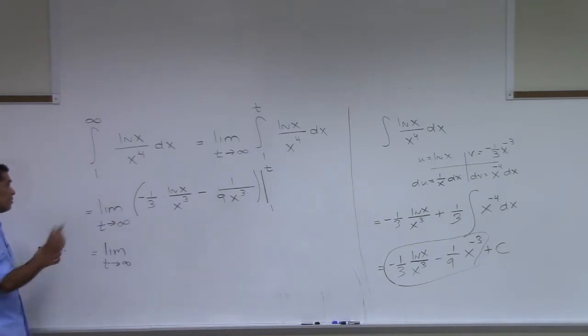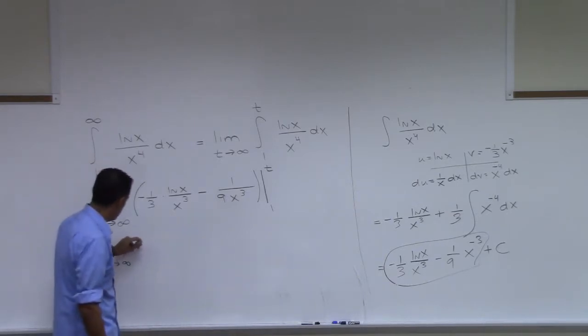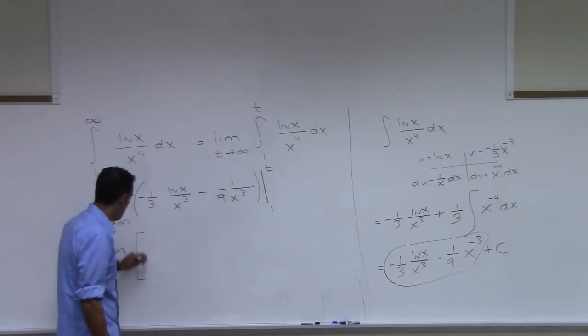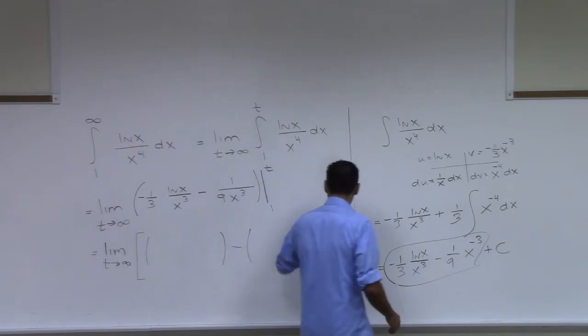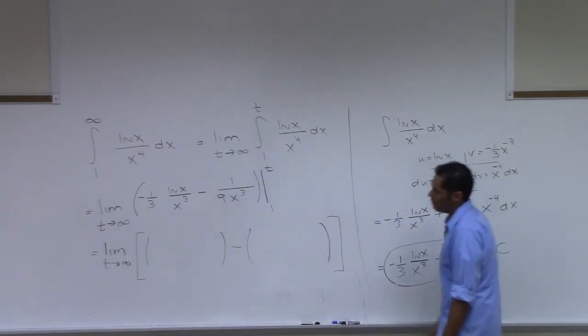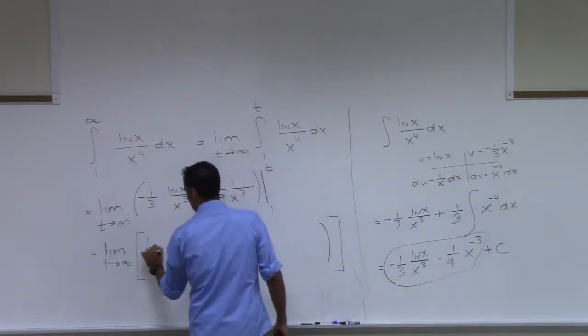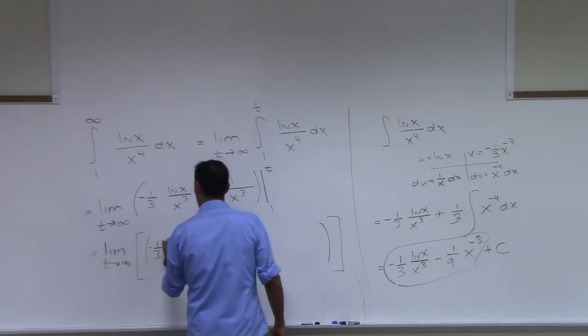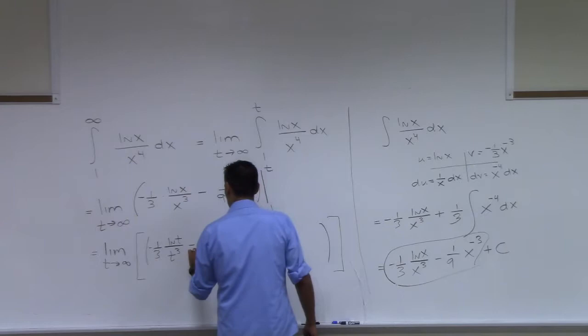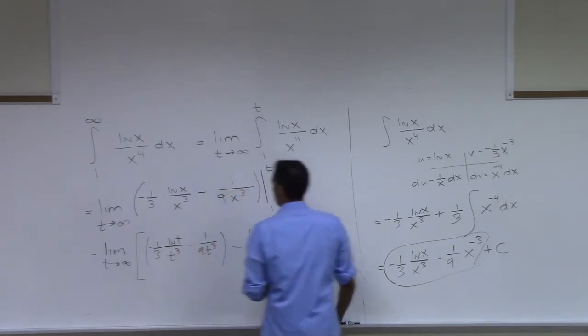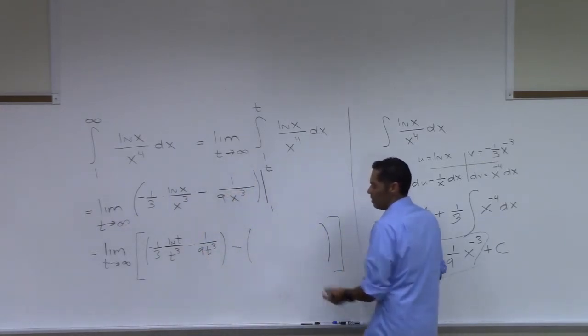So first goes t, right? I'm going to do a bracket because of the limit, and I'm going to have something in here minus something in here. So t goes in first, which really you're just rewriting everything. Negative 1/3 natural log t over t cubed minus 1 over 9t cubed. And then when we plug 1 in, let's see what we get.